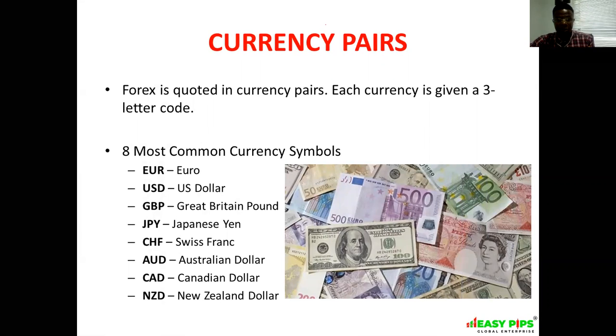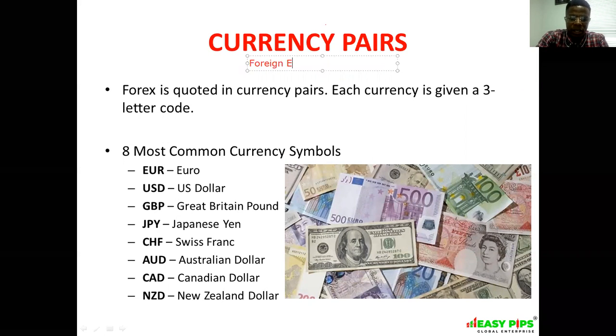Let's talk about currency pair. Forex simply means foreign exchange. Forex simply means what? Foreign exchange. So an exchange cannot happen. Let me write it down. Foreign exchange.